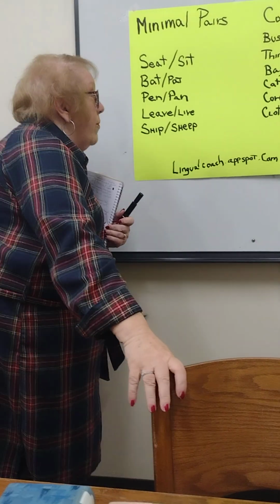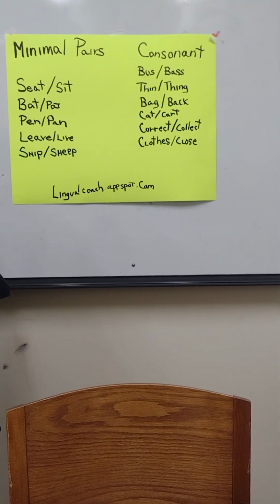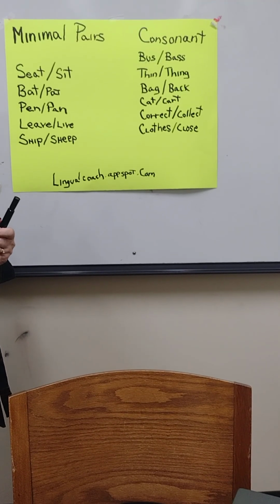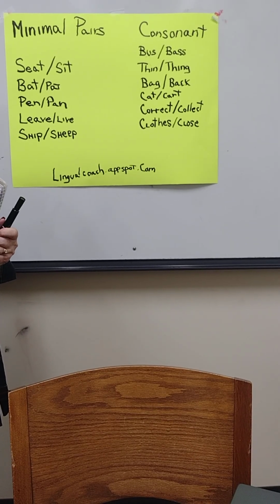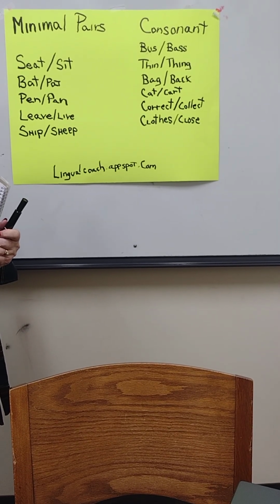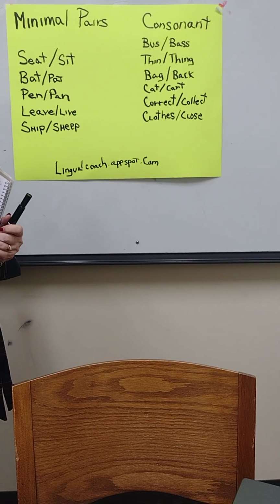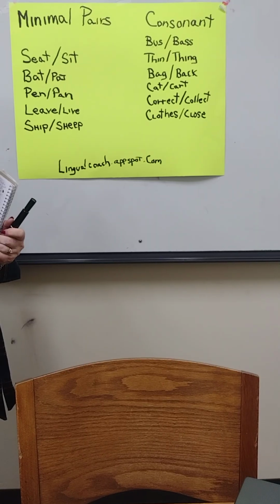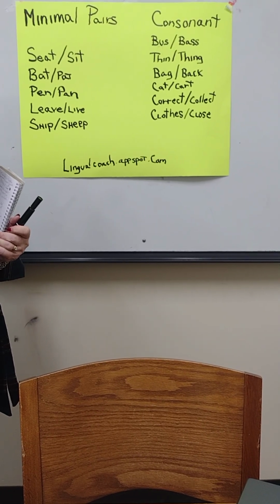And then over here we have the consonants. Consonants are all the letters in the alphabet that are not vowels. And so they are bus, bass, thin, thing, bag, pack, cat, cart, correct, collect, close, and close.